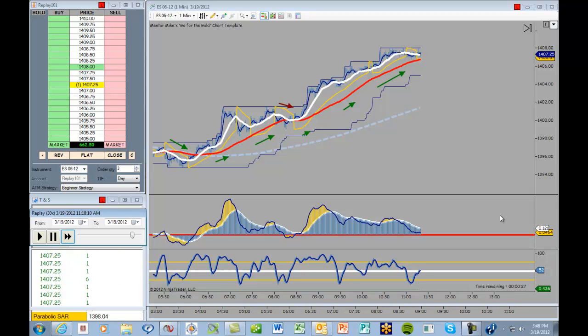The white and the red are on a collision course, so if the white goes below the red, we'll be looking to trade on the short side. Okay, the price is breaking below the red.